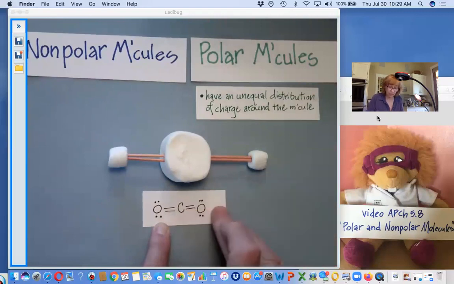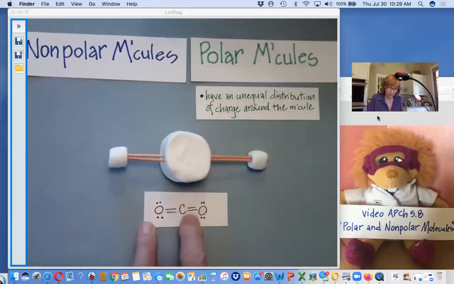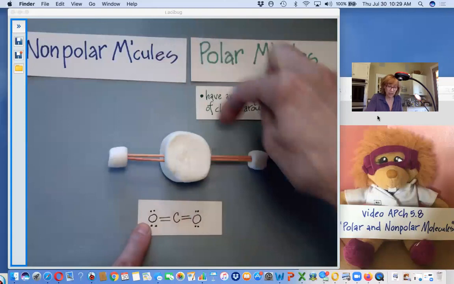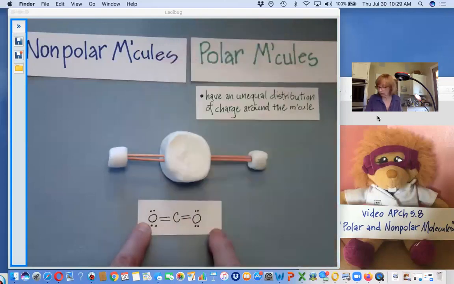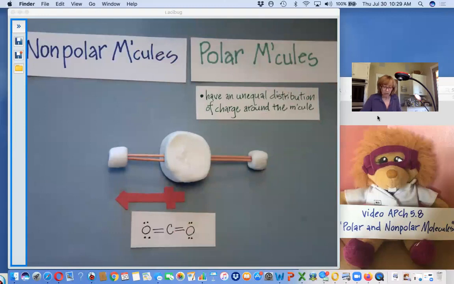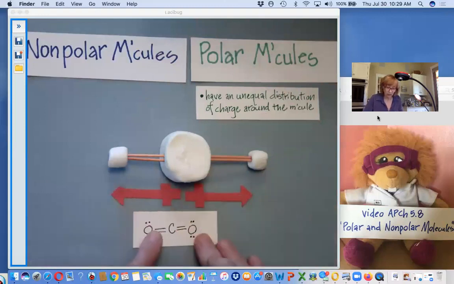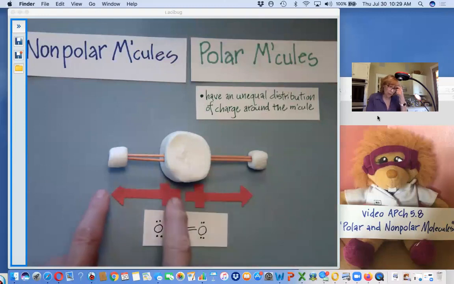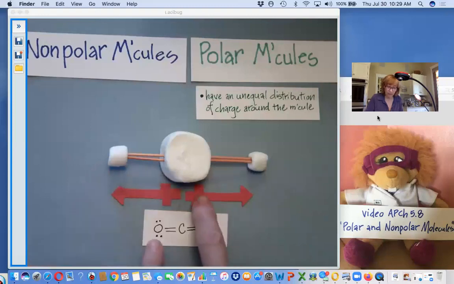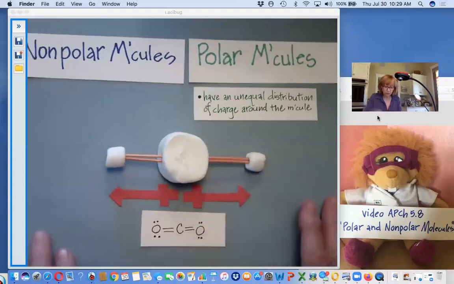And VSEPR theory tells us that when you have two electron domains around the central atom, they are going to get as far apart from each other as possible, minimizing the repulsion with a linear geometry and 180-degree bond angles. Now, the carbon to oxygen bonds look like this. We have our bond dipole pointing toward the more electronegative oxygen, and the same thing here, pointing toward the oxygen.